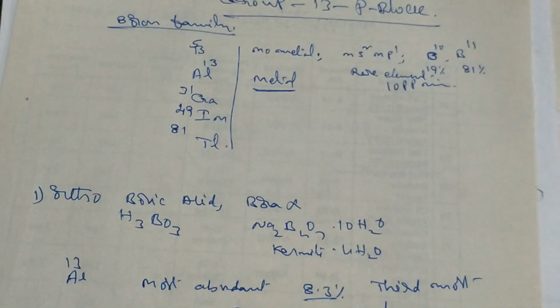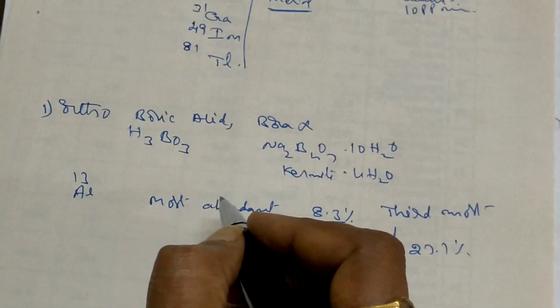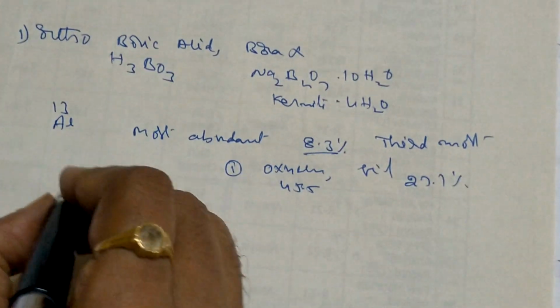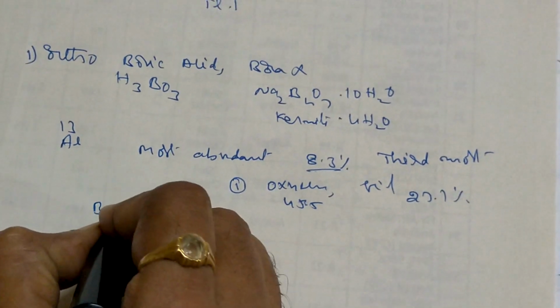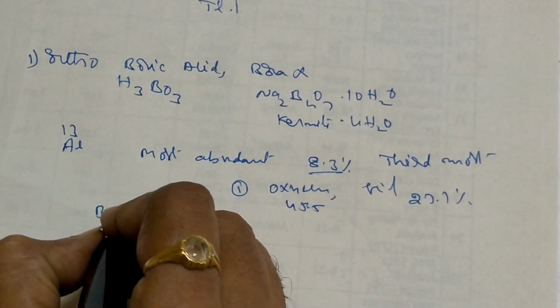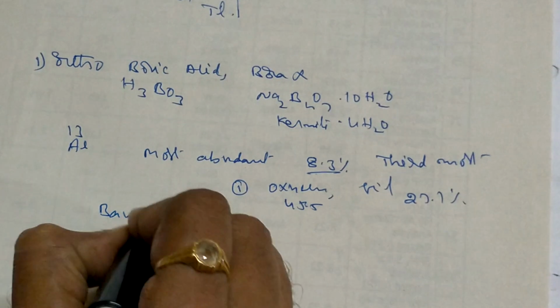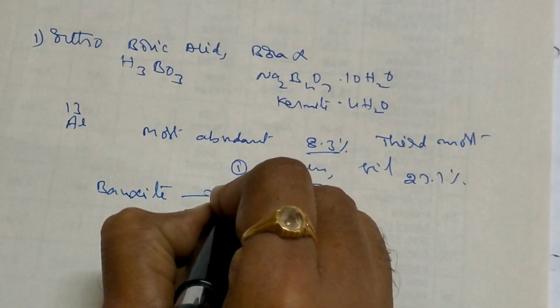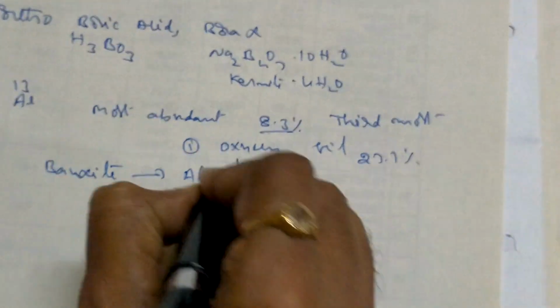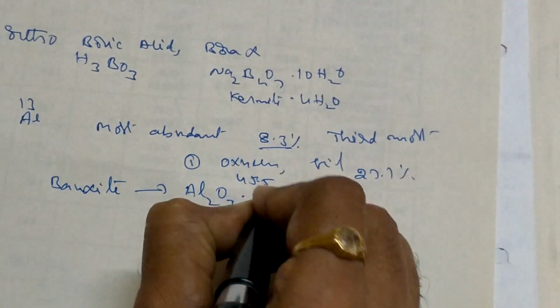Aluminum is a pure metal. Its availability is as bauxite, that is Al2O3·2H2O.